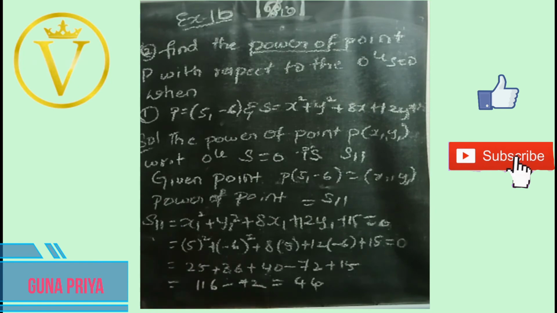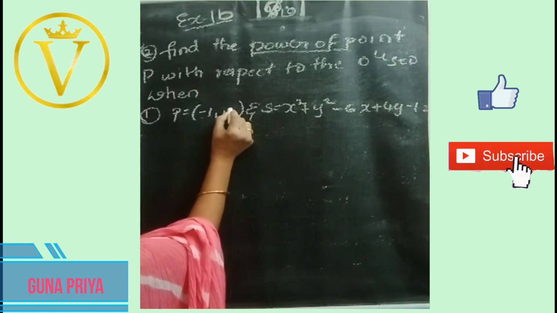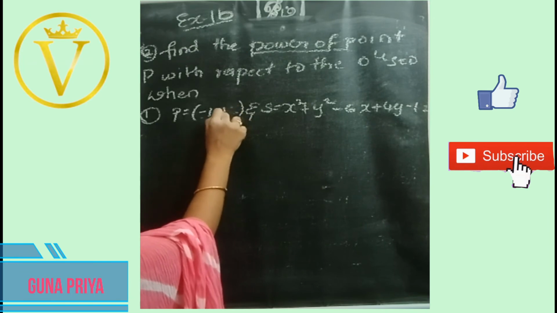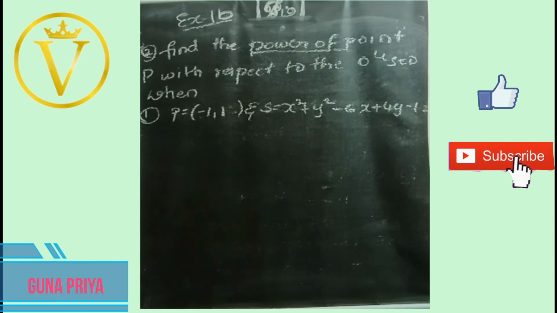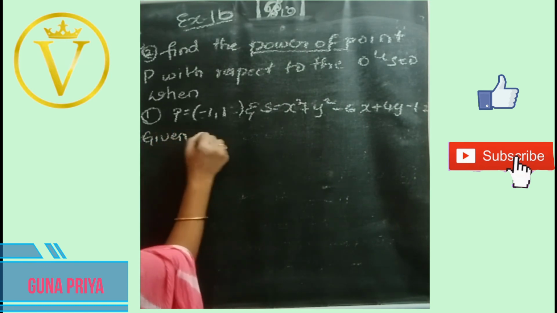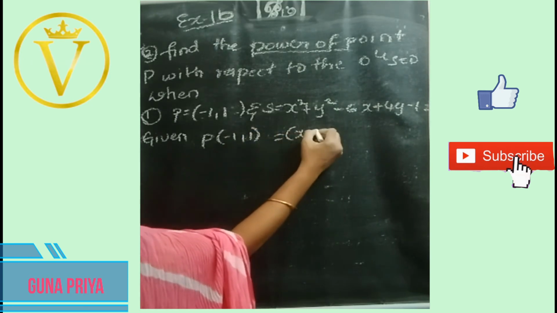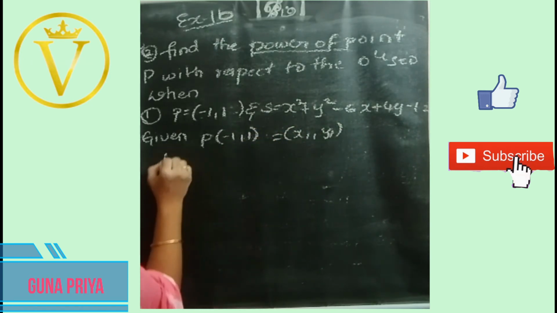That's it. Very simple. Now we'll go for another problem for the power of point. Now our another problem, they have given point (-1, 1) and one circle equation. Given P(-1, 1) equals (x1, y1).